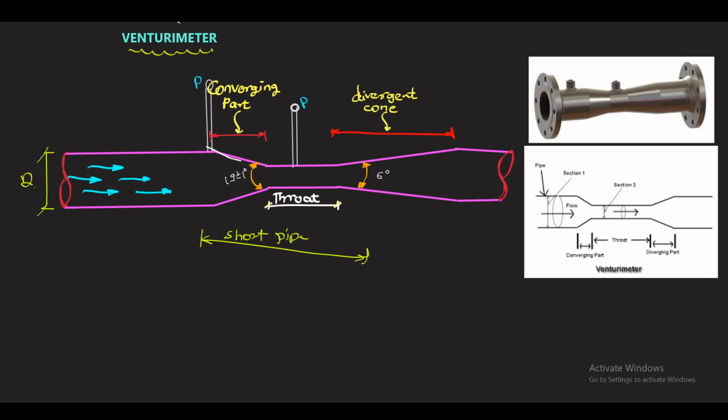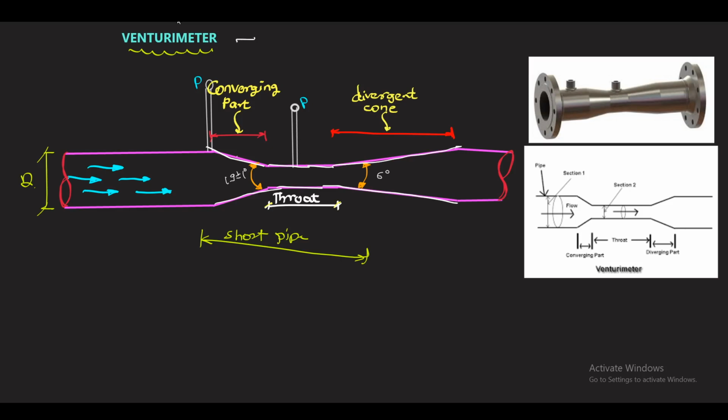This part is the convergent cone. Then a horizontal portion, this is the throat, and again a divergent part, which is nothing but the diverging cone. So a Venturi meter is a short pipe consisting of a converging cone and a divergent cone, and a small throat portion is present here.